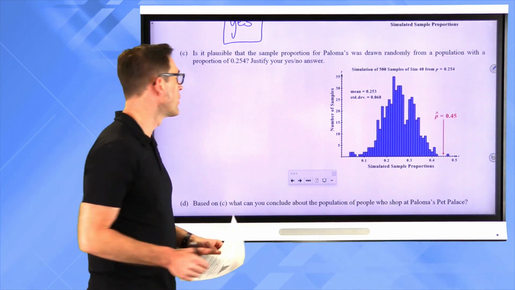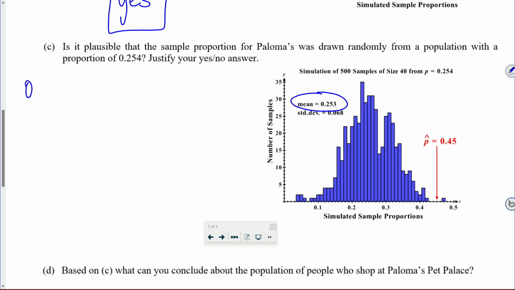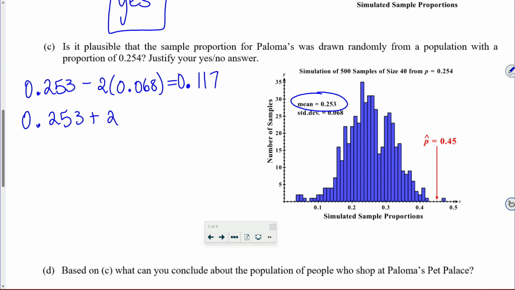All right, so here we go. We're going to take our mean of 0.253, and we're going to subtract off 2 of those standard deviations, and we're going to get 0.117. Then we'll take our mean, 0.253, and we'll add 2 of those standard deviations, and we'll get 0.389.